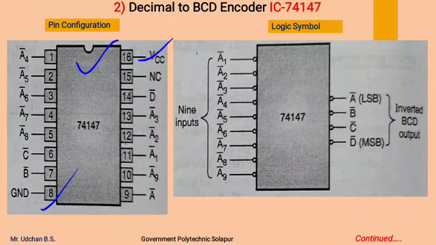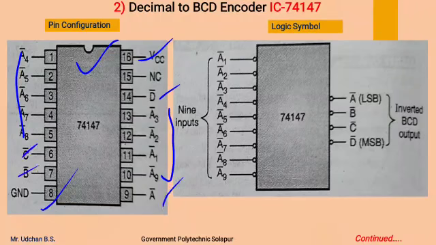Now here, A1 to A9, these 4 and these 5, these are the decimal inputs, and this D bar, C bar, B bar, A bar, these are the BCD outputs. And pin number 15 is NC, meaning no connection is provided to that pin.